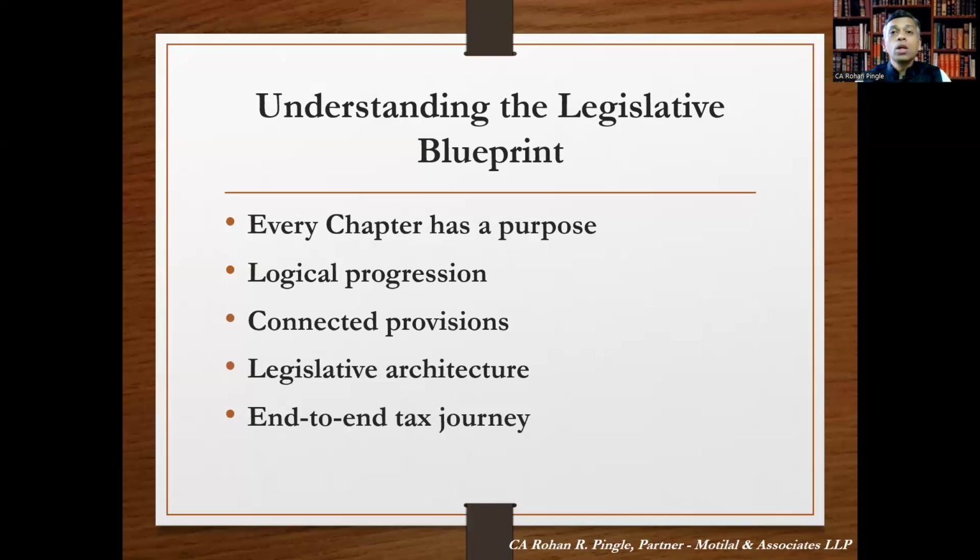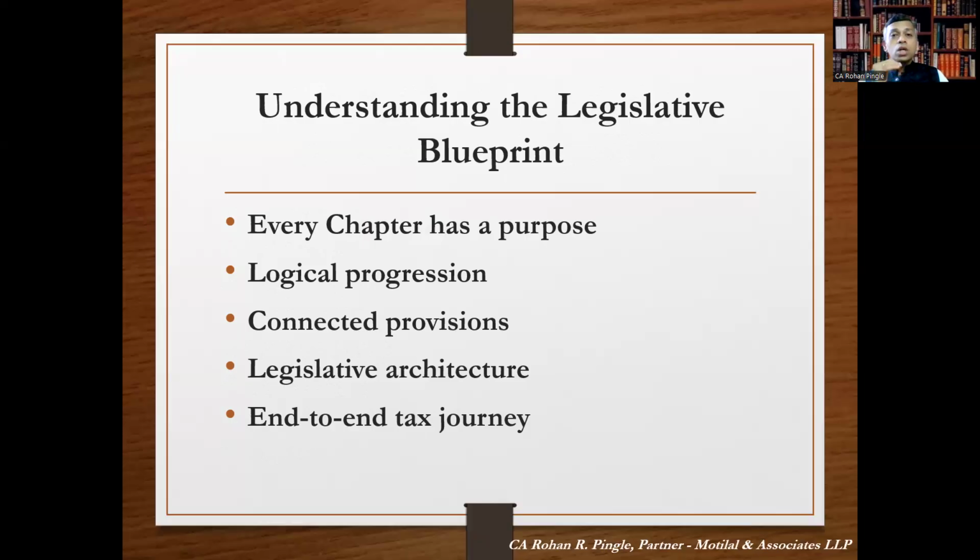For example, who is liable? What is taxable? When does tax arise? How is income computed? How much tax is payable? How is tax collected? And what if there is a dispute? What happens if there is non-compliance also? Each chapter builds upon the previous one.